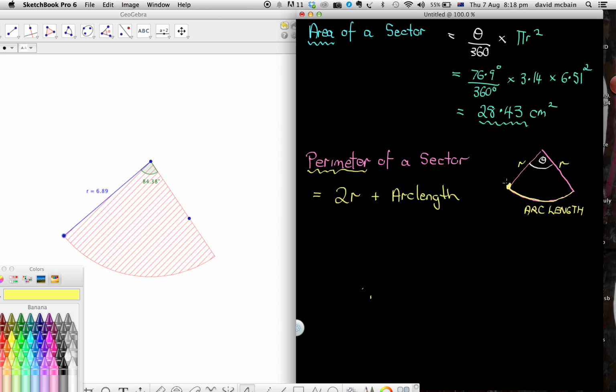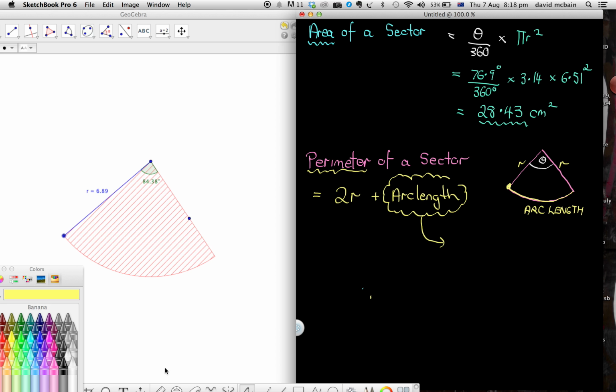Now, how do we work out the arc length? Well, the way we work out the arc length is very similar to the way we work out the area of a sector. To work out the arc length, it's simply the fraction of the circle we're talking about. So it's the angle in here divided by 360, just like it is with the area of a sector.